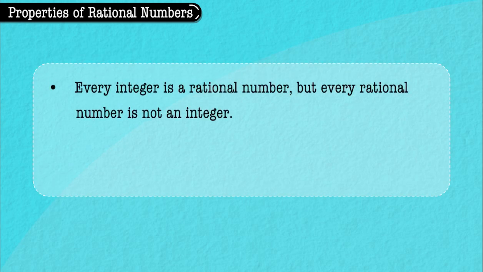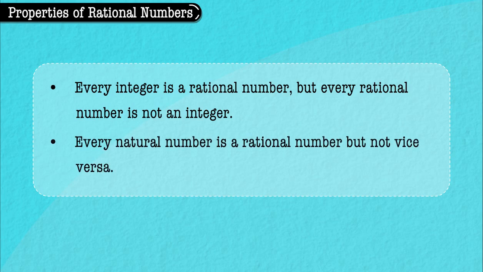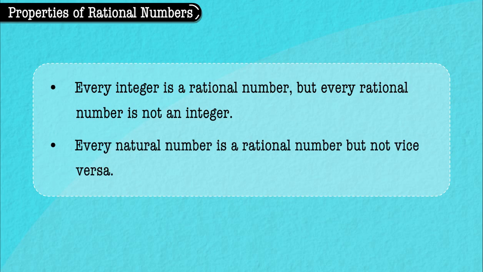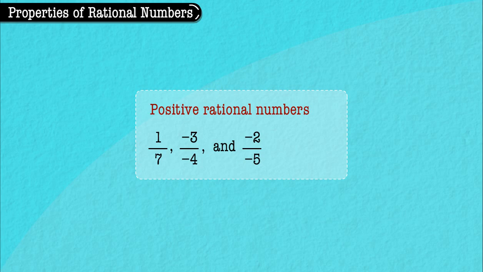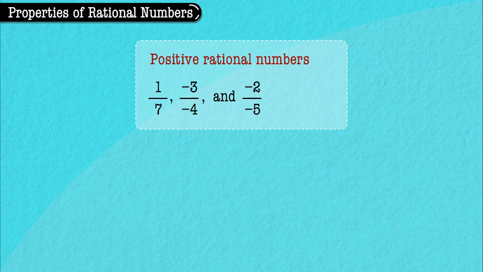Every integer is a rational number, but every rational number is not an integer. And every natural number is a rational number, but not vice versa. Numbers like 1 by 7, -3 by -4, and -2 by -5 are called positive rational numbers, since both the numerator and denominator have the same sign.